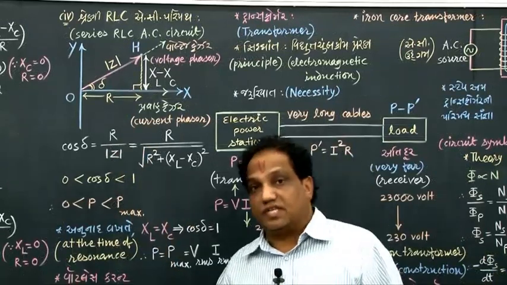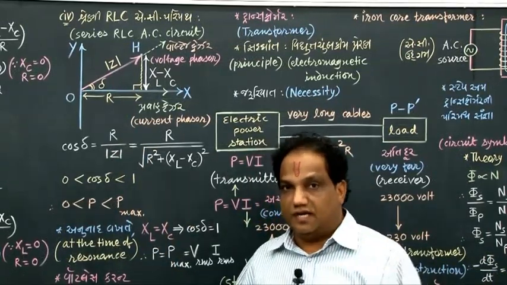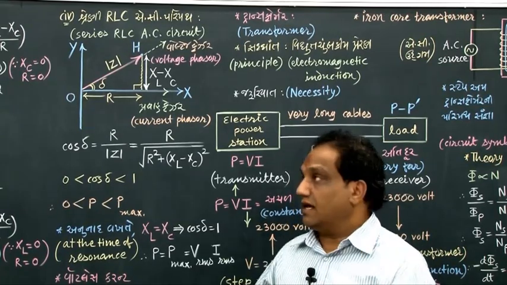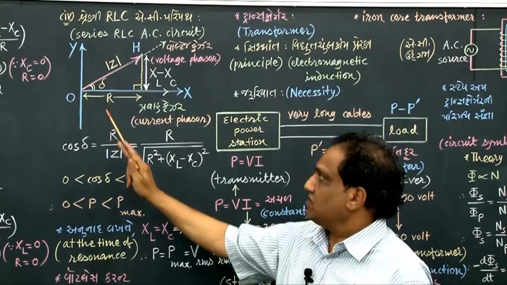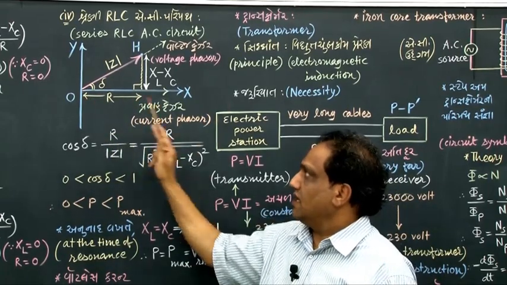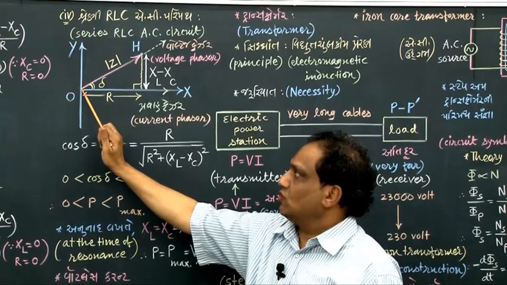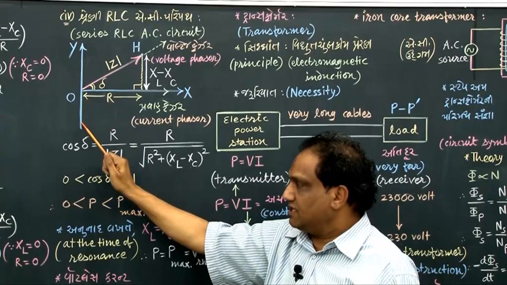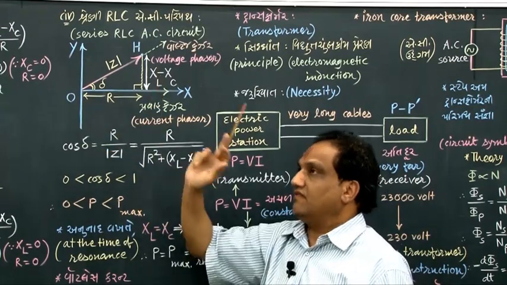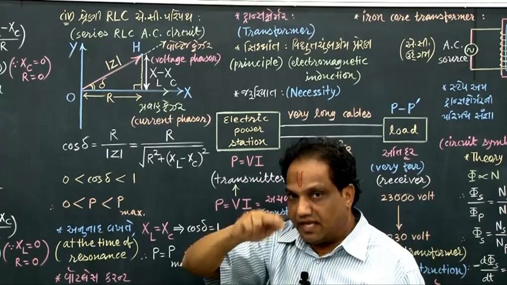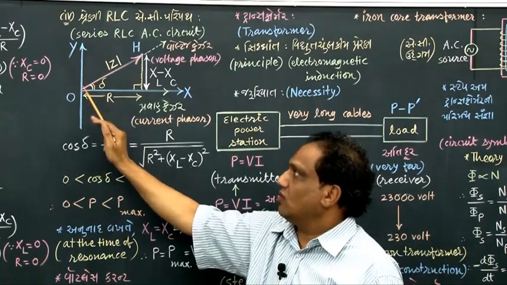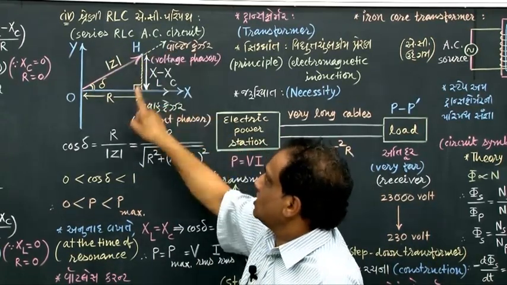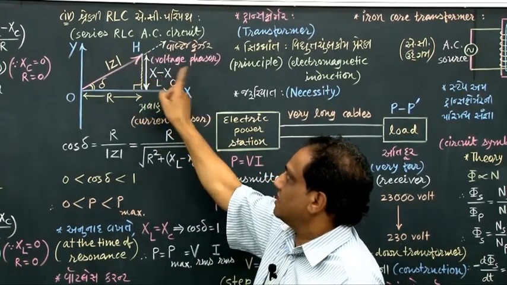For such a circuit, earlier you had studied the analysis, and in that phasor diagram, resistance was shown on the real axis, XL was shown along positive axis, XC was shown along negative axis, and if XL is greater than XC, then XL minus XC you will get on the positive axis. So, this much is the value which is XL minus XC.